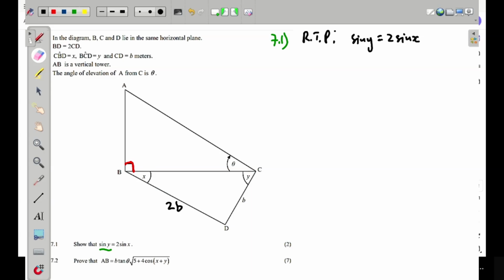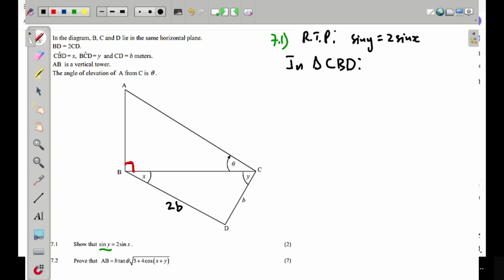There's no reason for you to try and use triangle ABC. There's a theta there, and theta does not appear anywhere in what you are required to show. So I hope you see how easy and logical it is to deal with this type of question. Without any difficulty, you should be able to see that we have to work in triangle CBD.